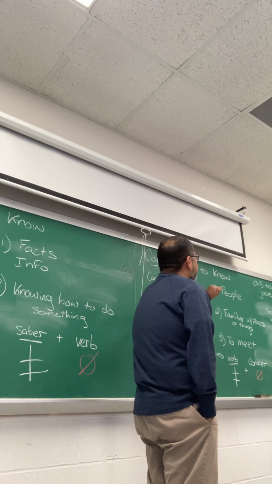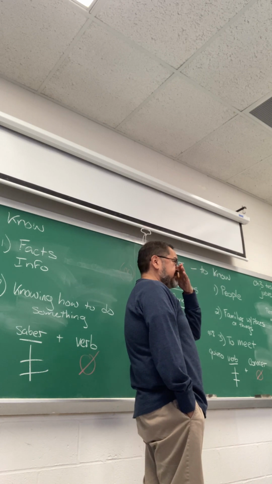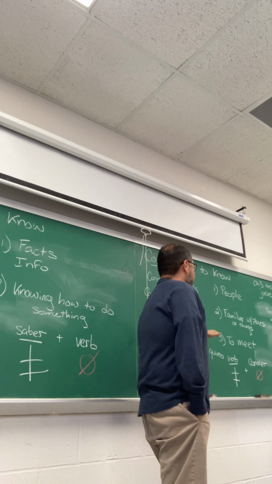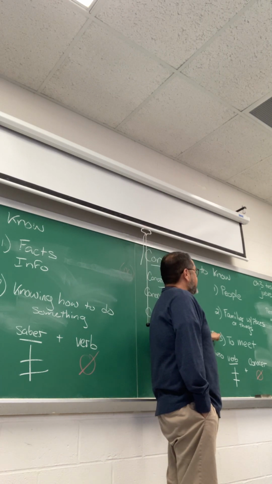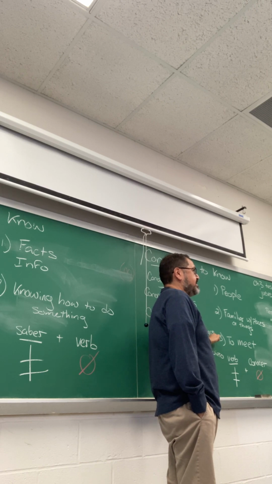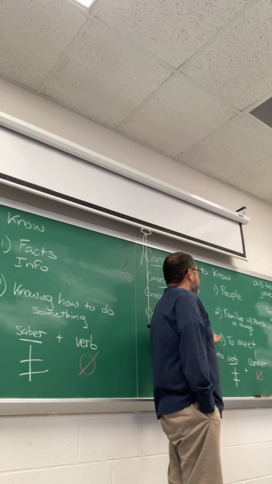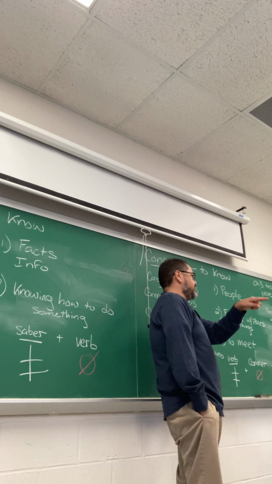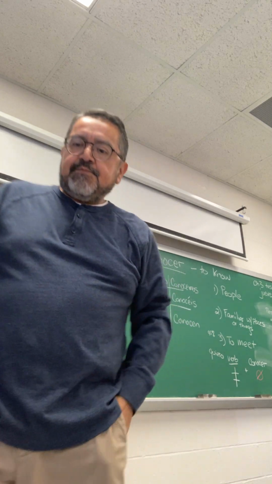So conoces a la familia de tu novio. Do you know your boyfriend's family? Now, this is also part of this 5%, where, depending on the context, it could also mean, have you met your boyfriend's family? Or did you already meet the boyfriend's family? But in this case, because it deals with people, it's conocer. Okay? Muy bien.